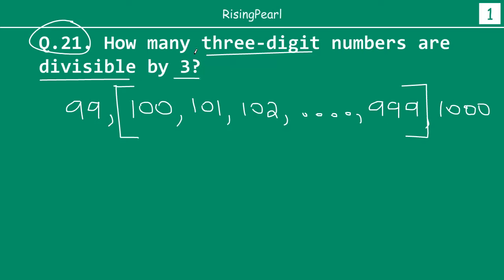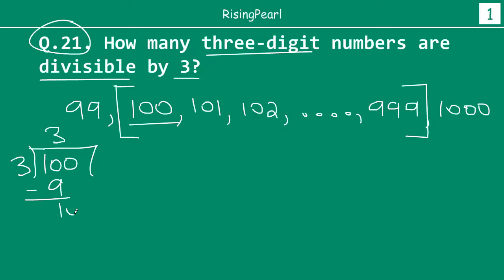What we are going to do, friends, is take the smallest number, or the first number in our set, which is 100, and we will divide this by 3. So 3 3s are 9, 1, 0, 3 3s are 9.